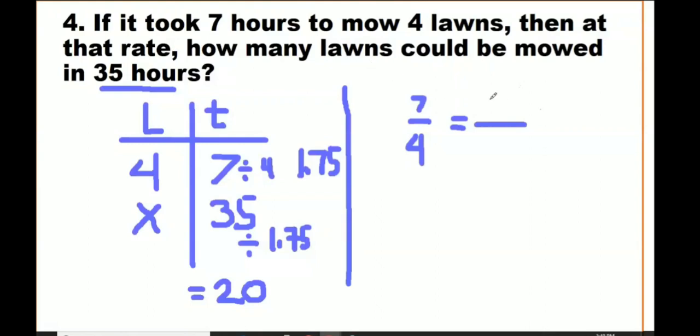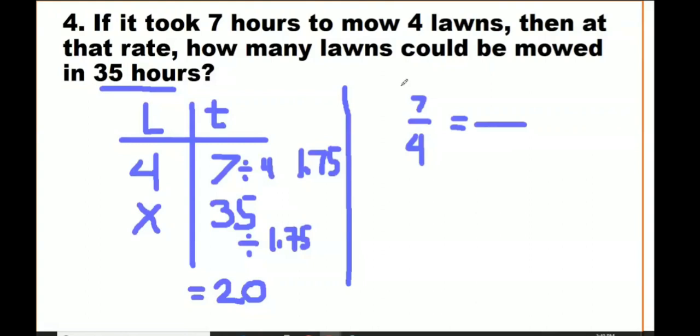Remember, if you put the number of hours on top of the ratio, you need to put the other time also on top. Be consistent. So like this one, at the bottom left is the number of lawns. On the right side of the equation, the bottom right, we will also put the number of lawns.